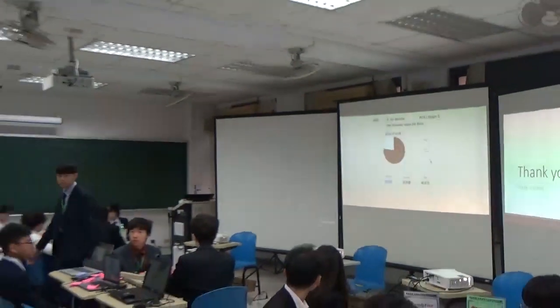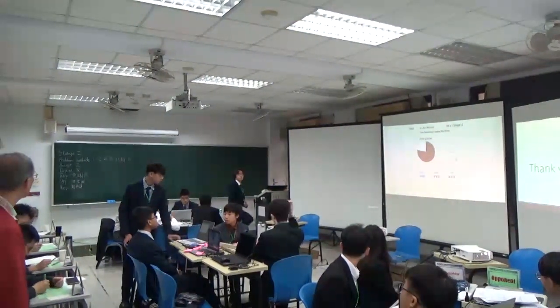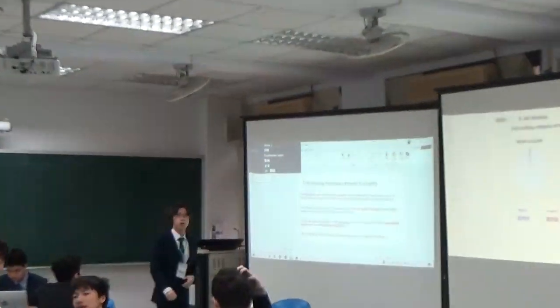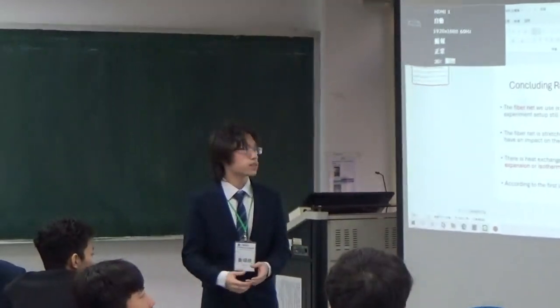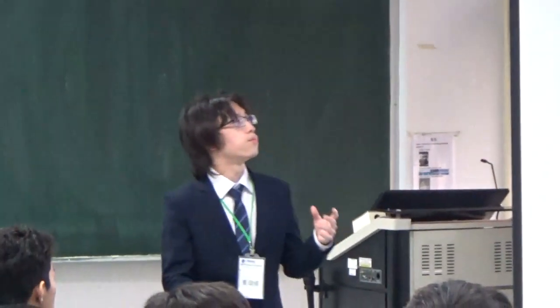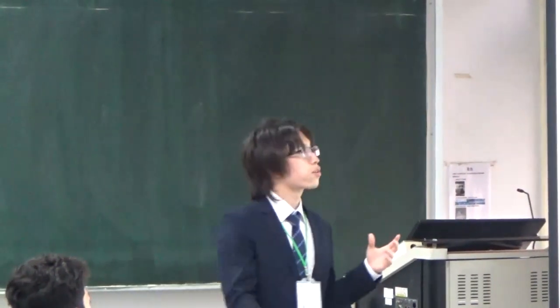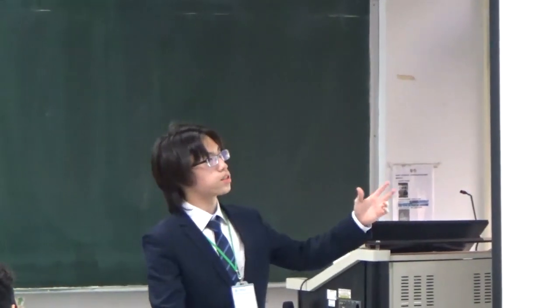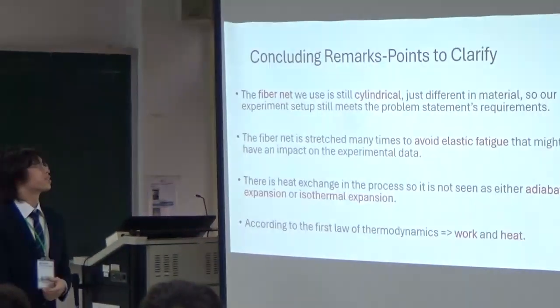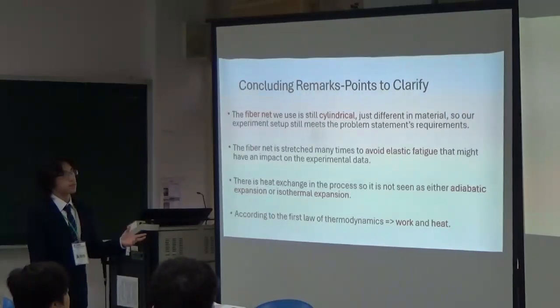The reporter has 2 minutes for the closing remarks. Okay, so both the opponent and reviewer have good points, but there are some concluding remarks. What we want to do is clarify some points. The fiber net we're using is still cylindrical.